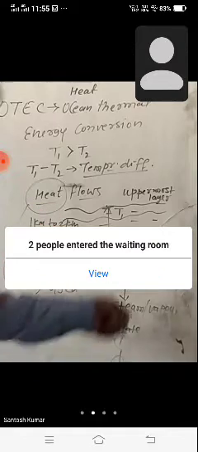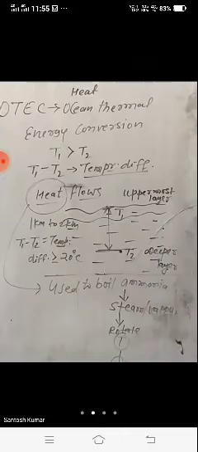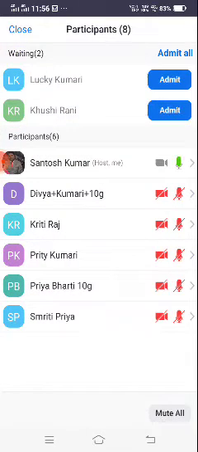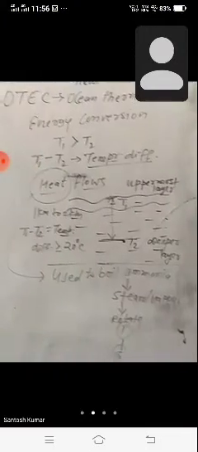So here it is being rotated with the help of what? We are rotating it with the help of heat present in the ocean. That's why this is simply known as ocean thermal energy.